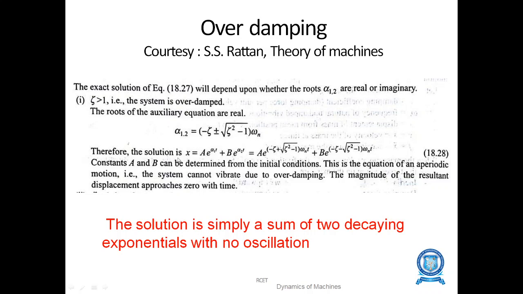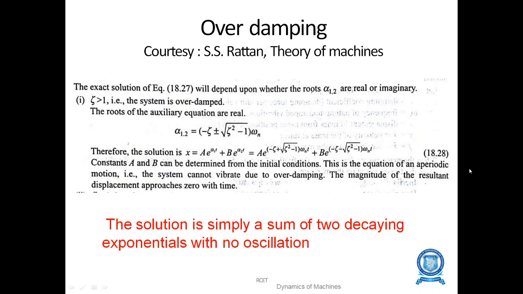The solution becomes h is equal to a into e power alpha 1t plus b into e power alpha 2t. Substituting the value of alpha 1 and alpha 2, we get this value. So the constants a and b can be determined from the initial conditions.